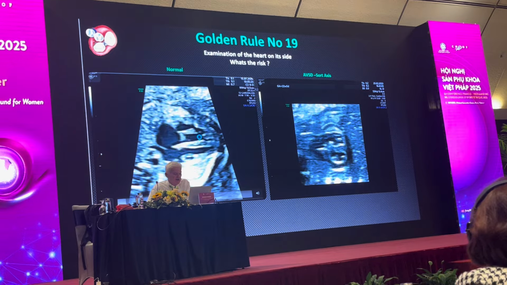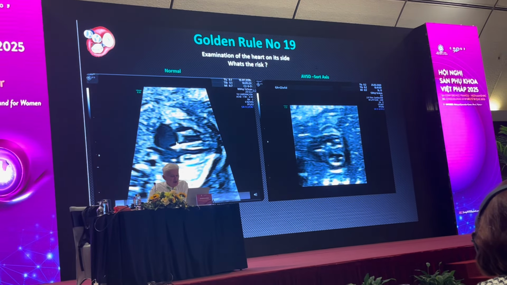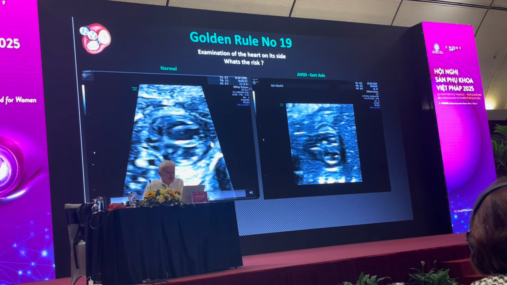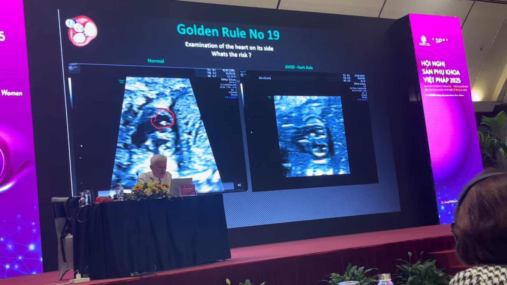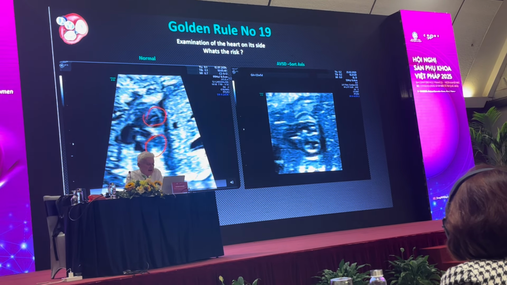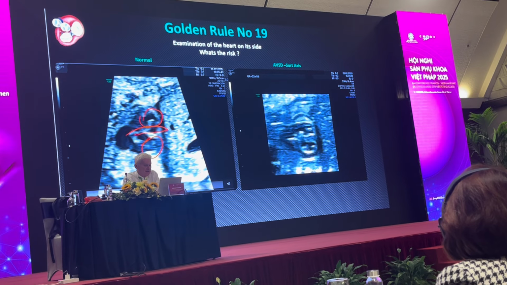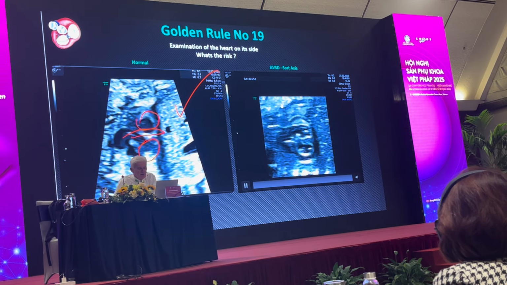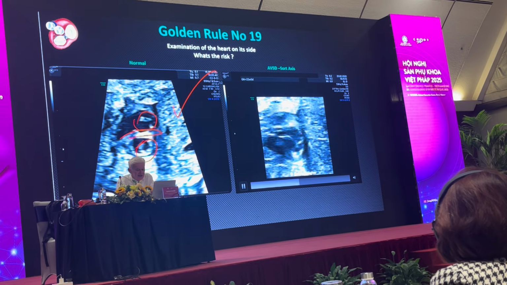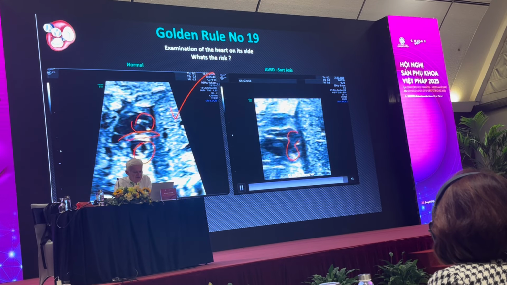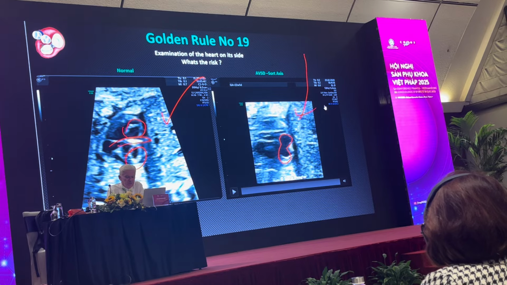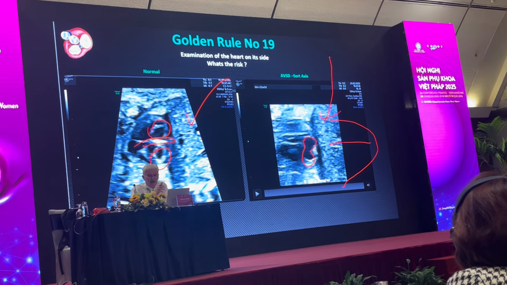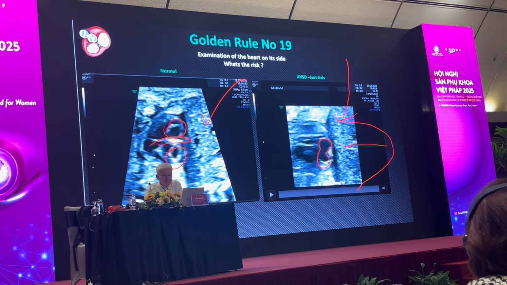So in this case here, the heart is on its side, and if I want to see whether it's an AVSD, I then rotate and I see the tricuspid valve and the mitral valve. And I can see the septum is intact, that this is normal. But when I look at this baby, I can see that there is a common AV valve defect. And the only way I can get this view is if the baby is lying on its side and then I rotate the transducer.